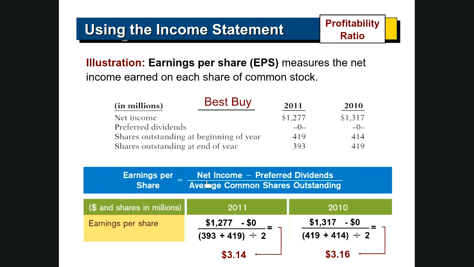The reason we take out the preferred dividends from the net income is because this has to be paid. You follow? This must be paid because this is a guarantee for the preferred stockholders, so it should be deducted in all cases. We will divide by common shares.